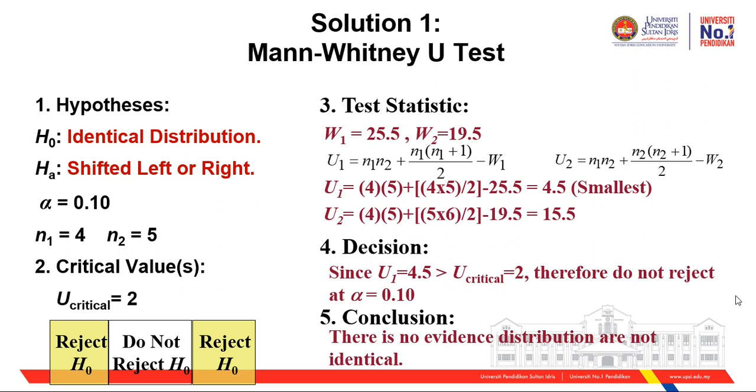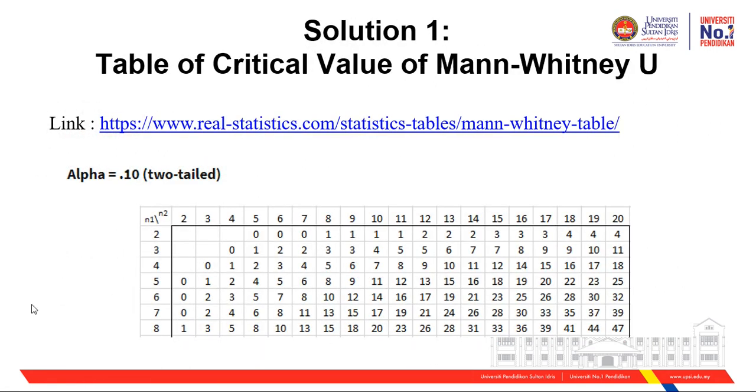So that's the conclusion. Okay, so let me explain how to get this critical U from the table. I give you the link here, so later you may copy and paste this link and find all the tables. Remember I said in the introduction, for Mann Whitney U test, most of the time it's referring to two tail.